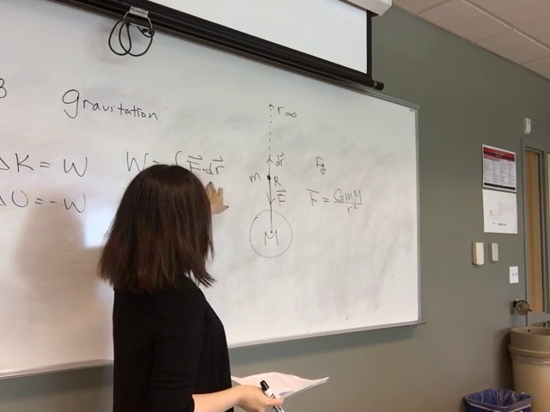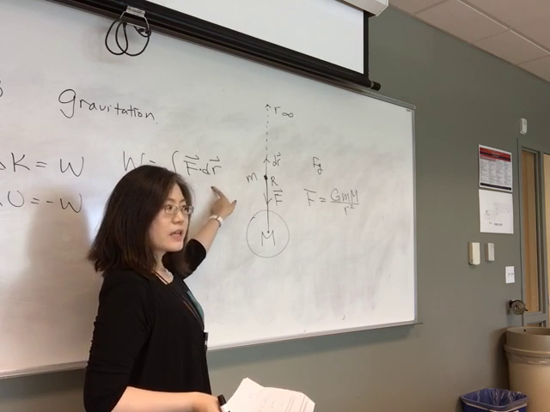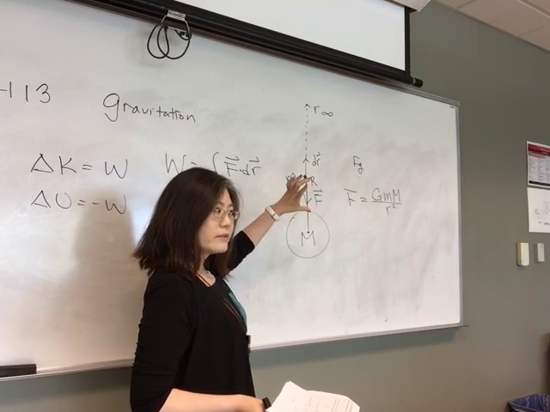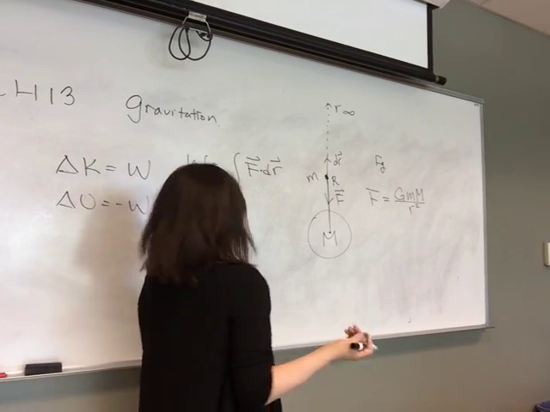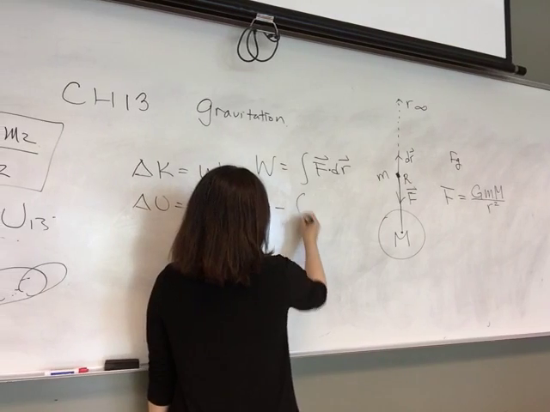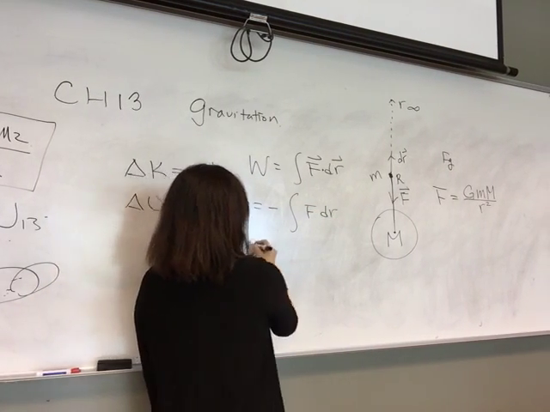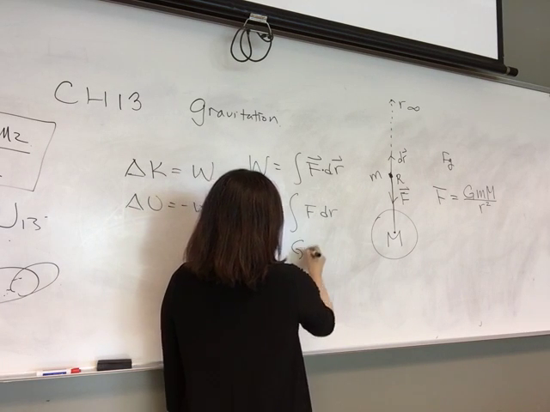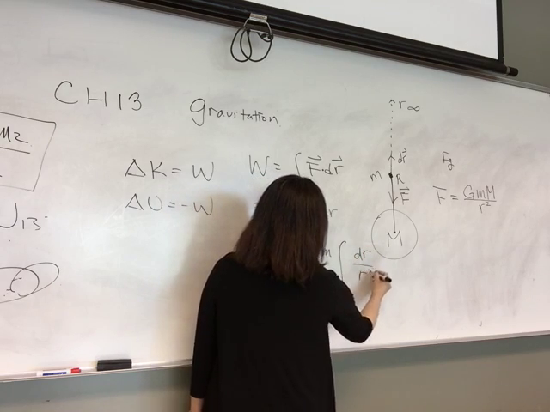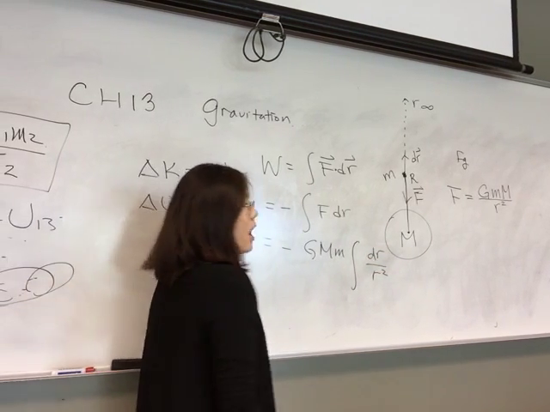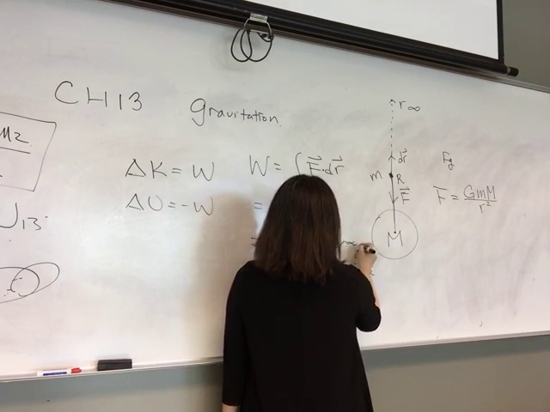So you have F times dr times cosine of the angle between them. That will be cosine 180, which gives you negative. So your work is negative, and you have your F, which is G, capital M, little m, and then your dr over r squared. And your r starts from this point, capital R, to infinity.